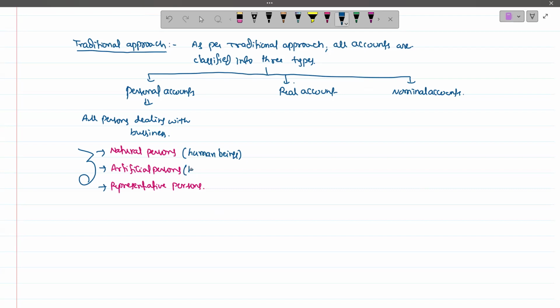And artificial persons cover legal persons. These are created and their exit is operated by provisions of the law. So to be called a person, they need to get registration under the provisions of any law for the time being enforced. For example, a company is registered under the Companies Act 2013, so that is an artificial person.